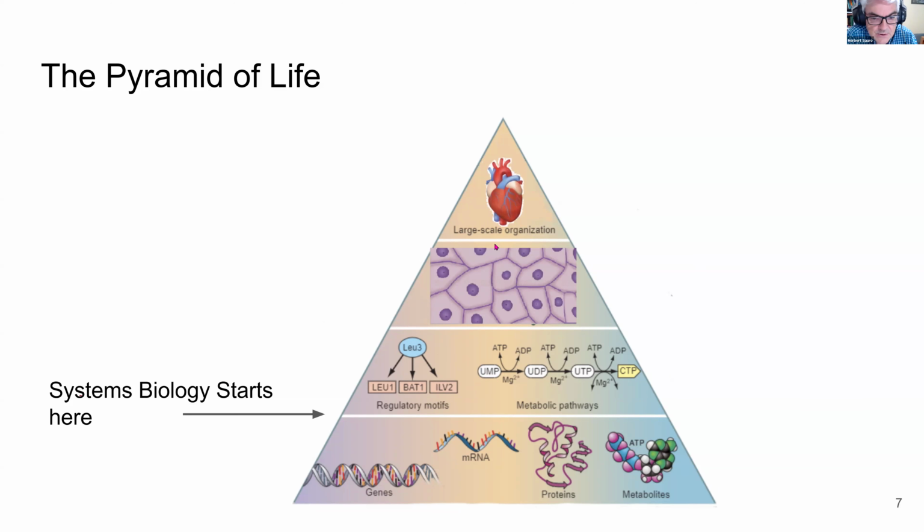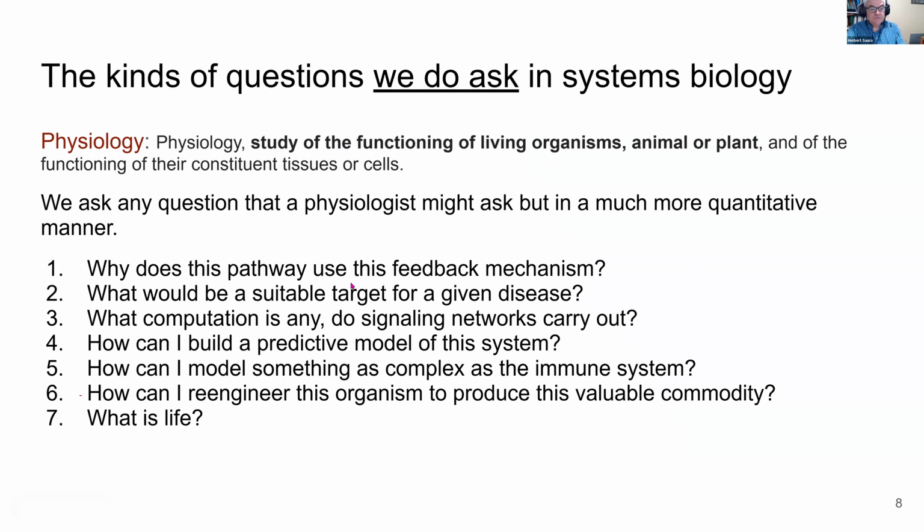Some people call the top level systems physiology. So that's where we are. You could just call systems biology physiology, in fact, because physiology is the study of the functioning of living organisms as whole things. You could think of systems biology just as old-fashioned physiology.